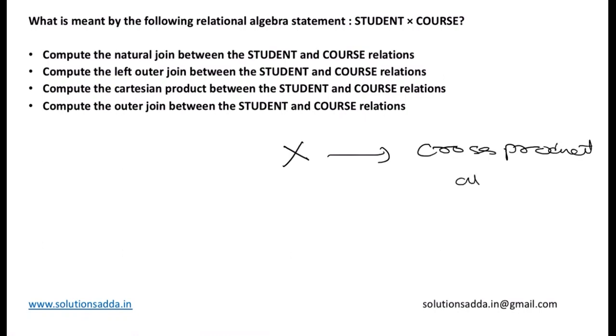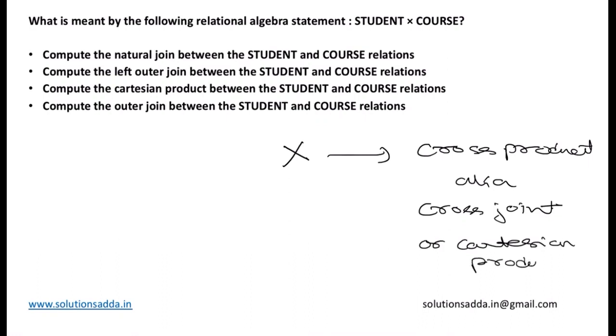also called as cross join or the Cartesian product. So what does it do is it combines the tuples of one relation with all the tuples of other relation.